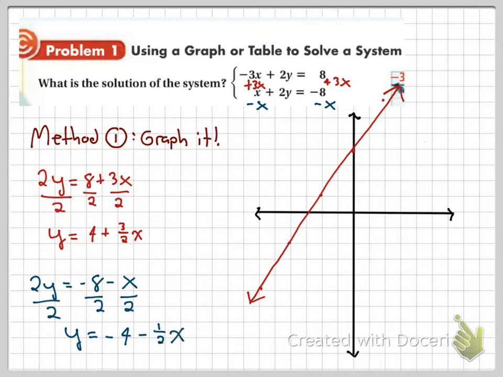So to graph this, I'm going to start at negative 4 and then go down 1 over 2. So now I can see that my graph is intersecting at this coordinate. So the solution to this graph is negative 4, negative 2.